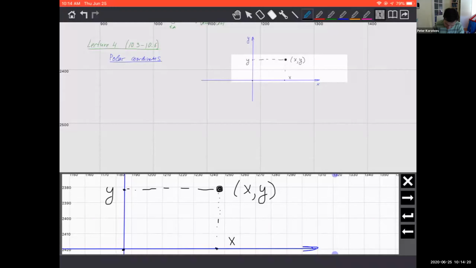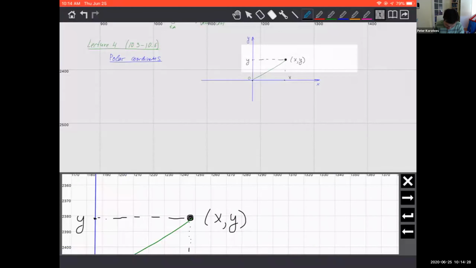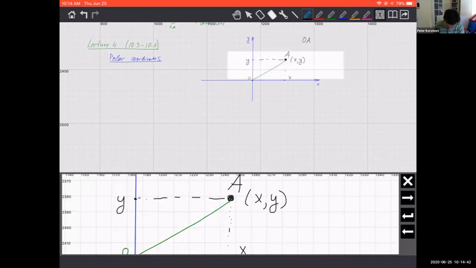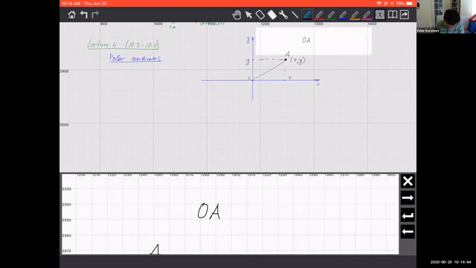Now, let's draw this straight line that connects the origin with point xy, and let's call point xy A. Let's evaluate the distance OA, and we can call this R. The distance between O and A, let's call it R by definition.